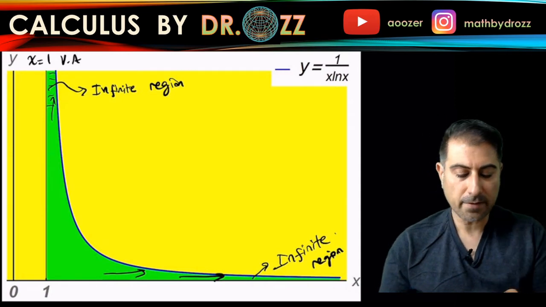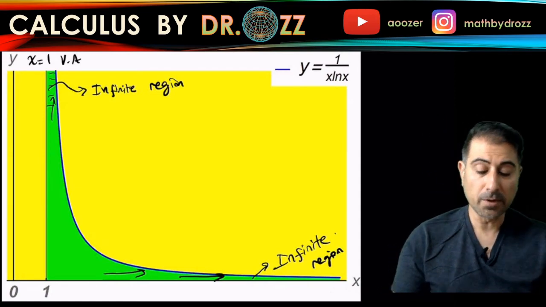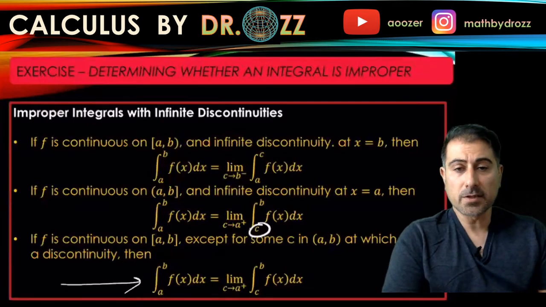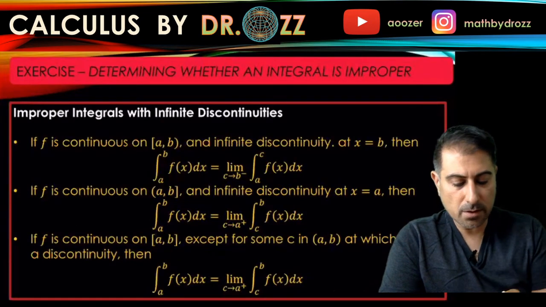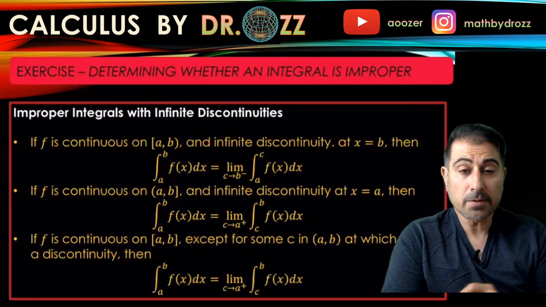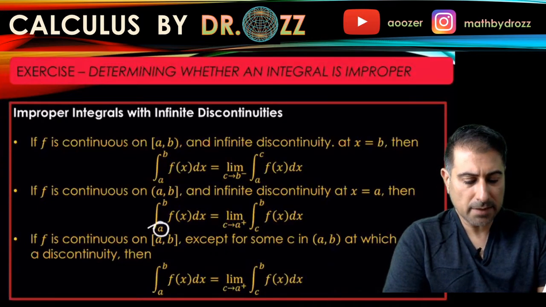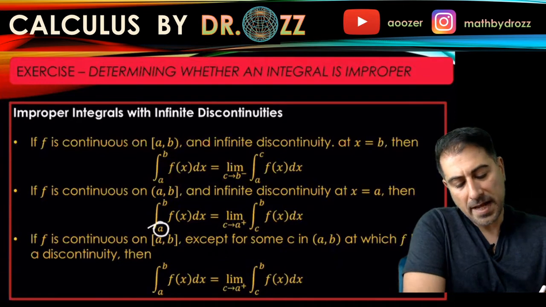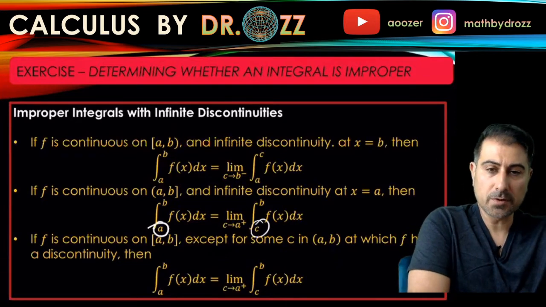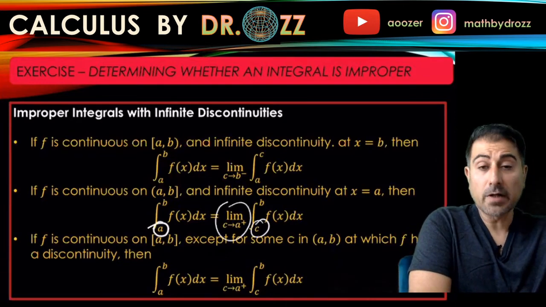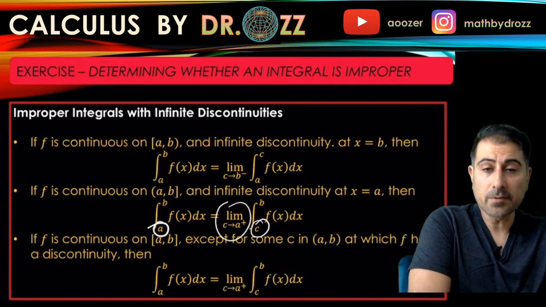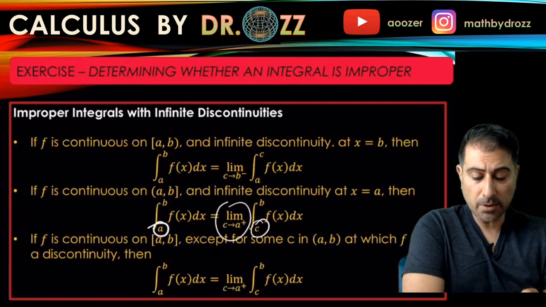If you have the lower limit making the function discontinuous, and we're in this case, then we replace a by c, and we pass the limit as c approaches a from the right.